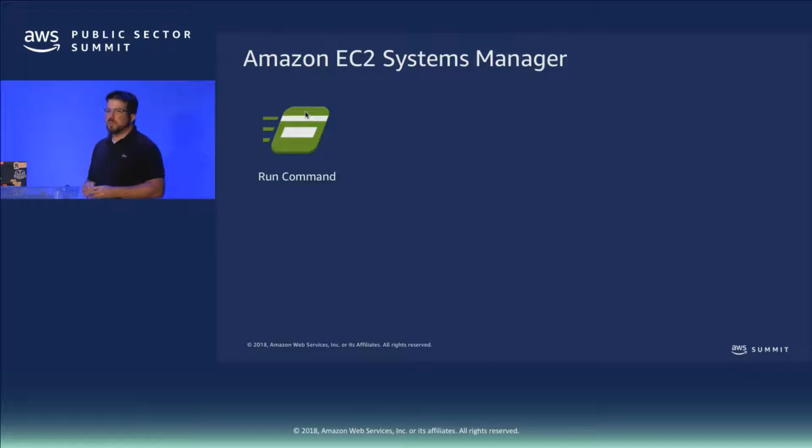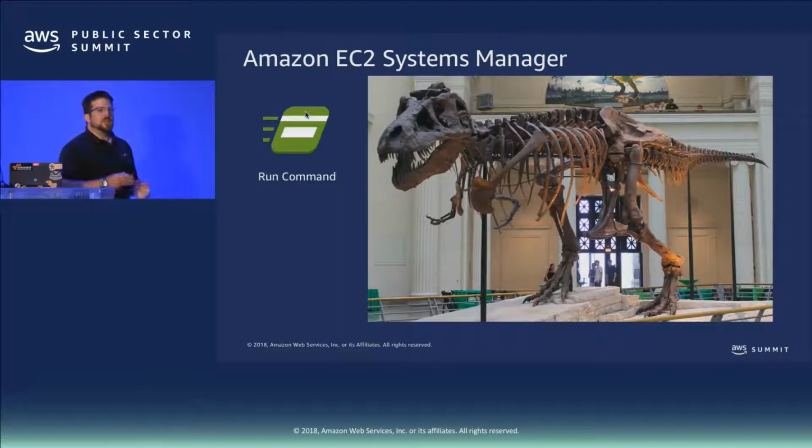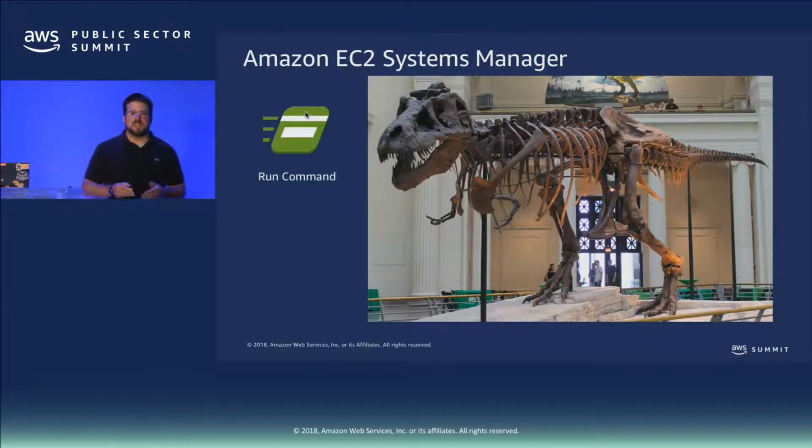One of the other really powerful functions that goes overlooked when we talk about services like Systems Manager is Run Command. The reason Run Command should be really interesting to you as security practitioners is that it does something really powerful. So I'm going to take everyone back a little bit. It's the early 90s, and there's this movie about dinosaurs running around, and people are really excited.